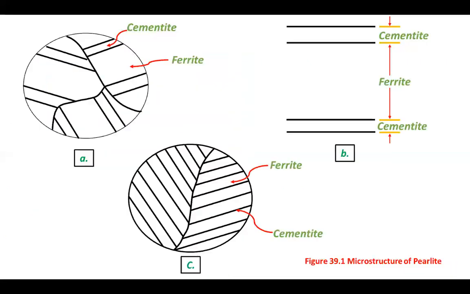Very quickly, I'll also show you how the microstructure of pearlite looks. See, we have a lamella of ferrite, and that lamella is 8 times wider as compared to the lamella of cementite. So we have ferrite and cementite as alternate lamellae. You have a ferrite lamella, then a cementite lamella, then a ferrite lamella, then again a cementite lamella, and see, 8 times width, because the weight ratio of ferrite is 8 times as compared to cementite in the pearlitic structure.